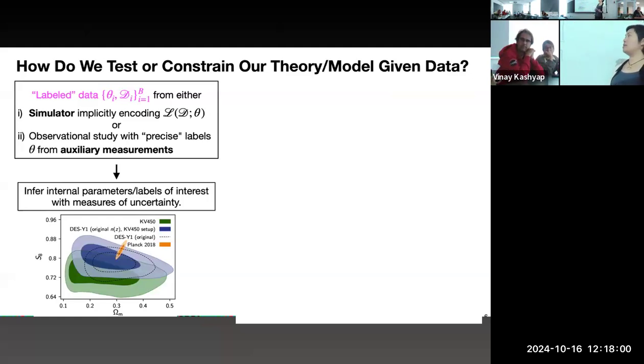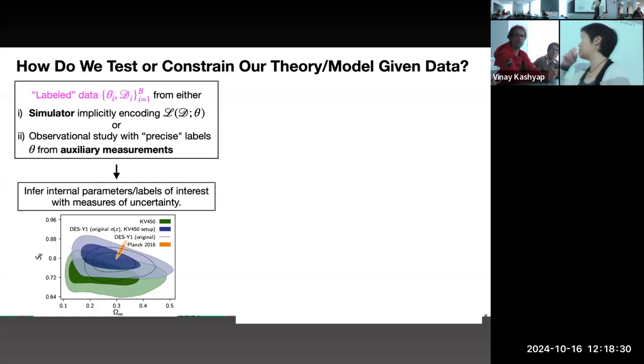Another setting is where we actually don't have a simulator. Nature is the simulator. It could be an observational study where we have partially labeled data, so we might have precise labels for a subset of the data from auxiliary measurements. An example is in photometric studies, where you might have access to spectroscopic labels of high precision for a subset of the data.